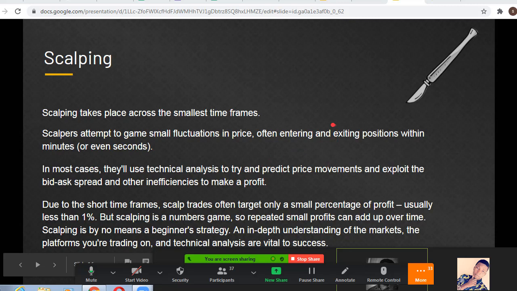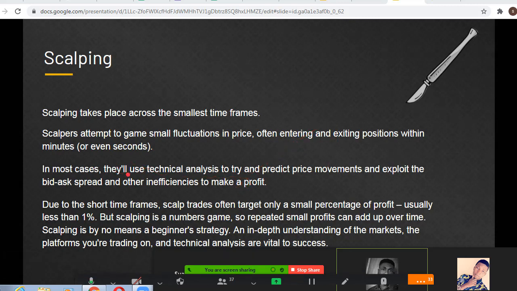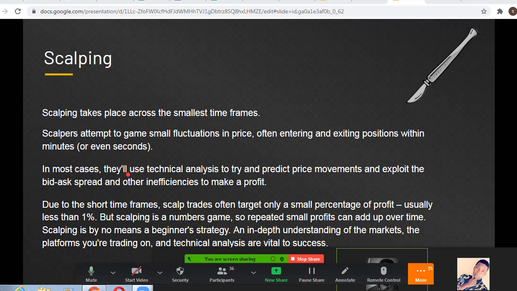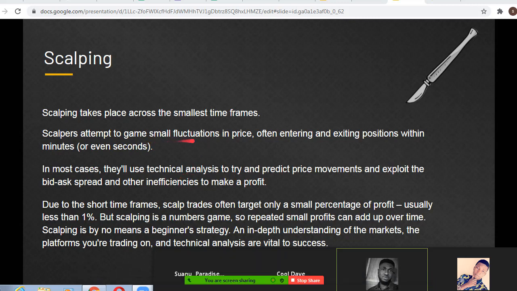All right, guys, so let's continue. Now, scalping, you are looking at the short time frames, so that you can actually enter into a position and come out taking advantage of smaller price fluctuations, entering and exiting your position frequently.